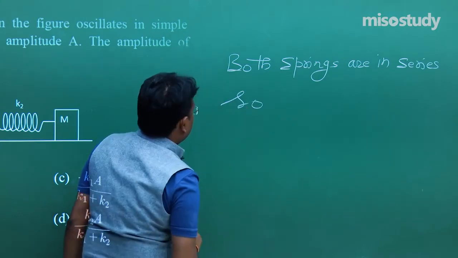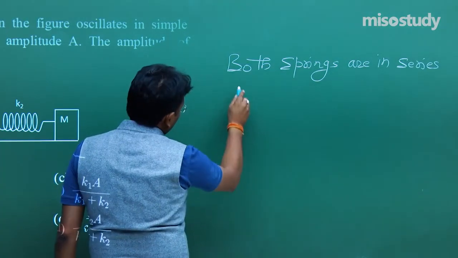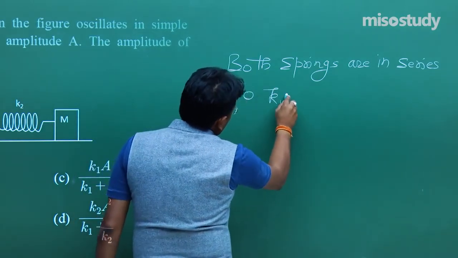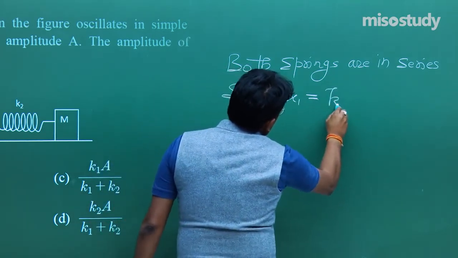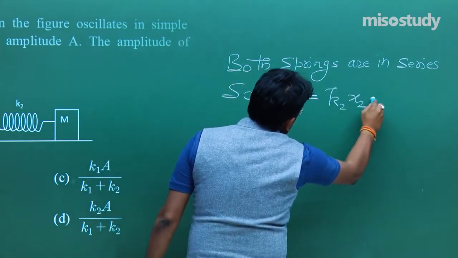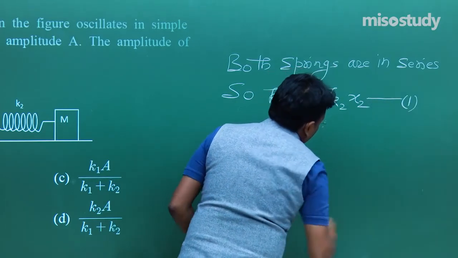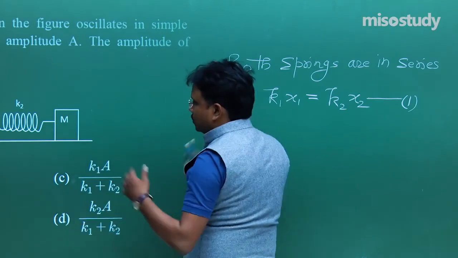So K1 x1 is equal to K2 x2, equation number 1, fine. Now what is the meaning of x1, x2?